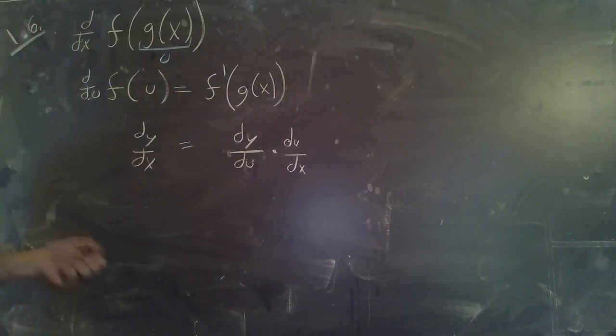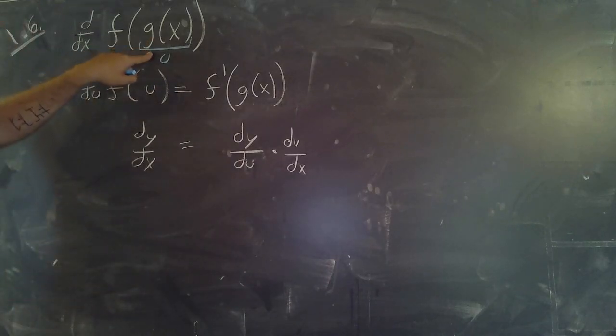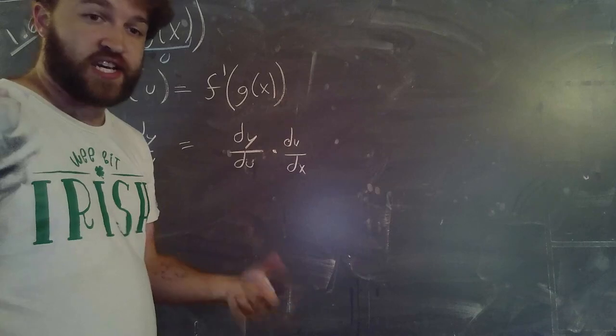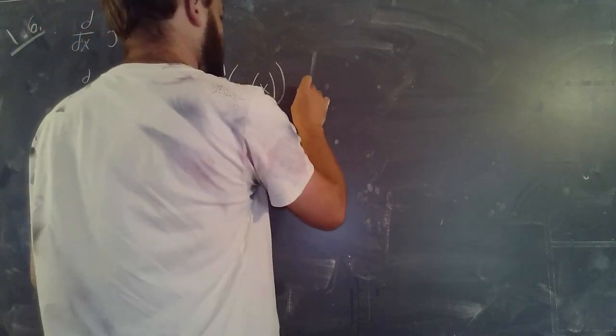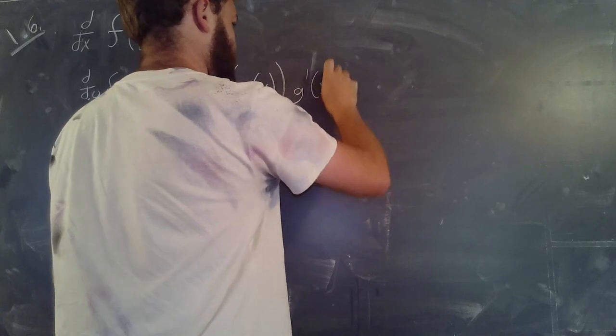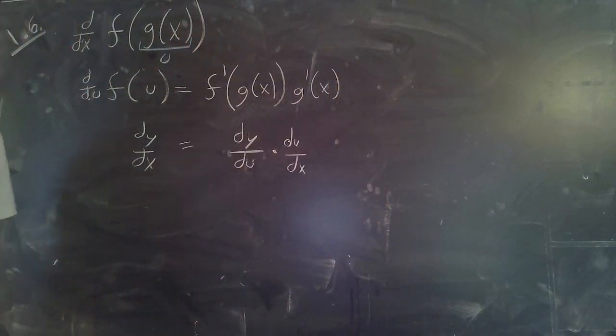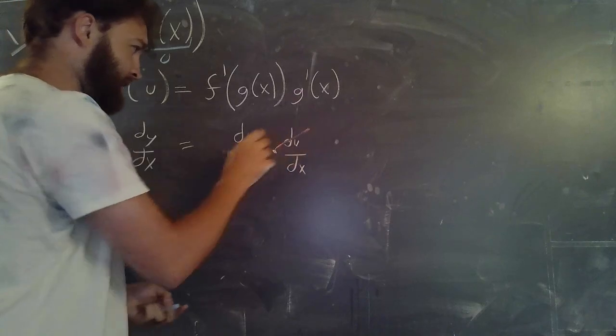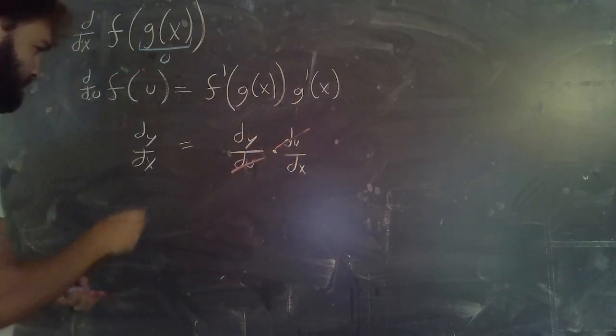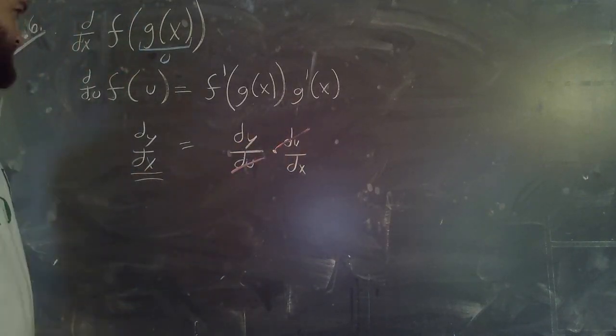So what I had to do is say, well, what is the u part? The u part is just g of x, so what is the derivative of g of x? Well, it's whatever the derivative of g of x is. We call that g prime of x, okay? And that had the effect of canceling the du's out and giving us the final product dy by dx.